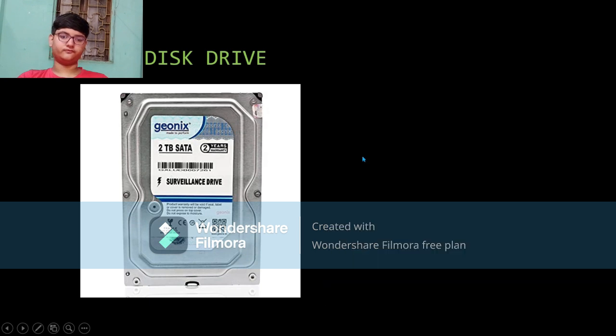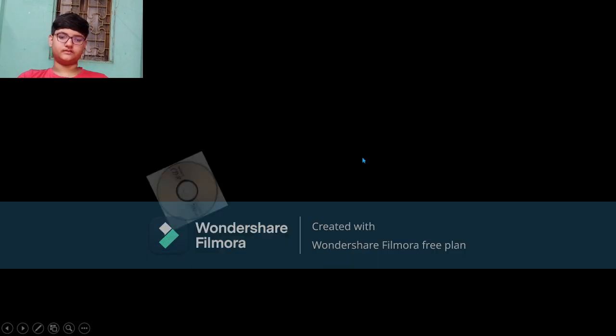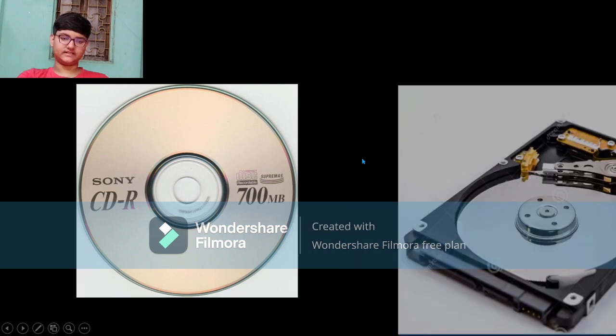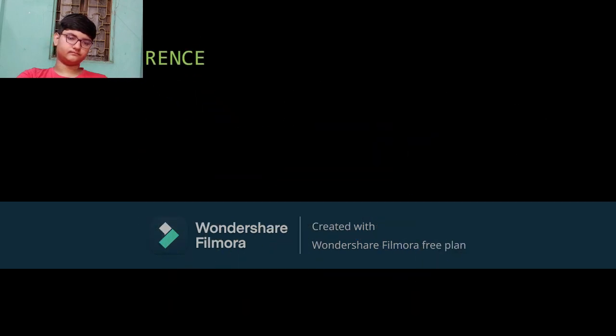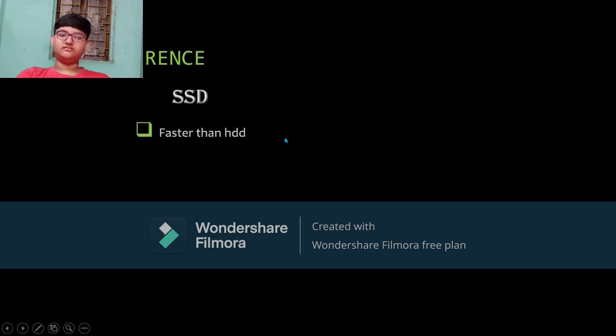Now let us move on. As with a CD and a hard disk, it is the same disk. So now the difference. SSD is faster than HDD.